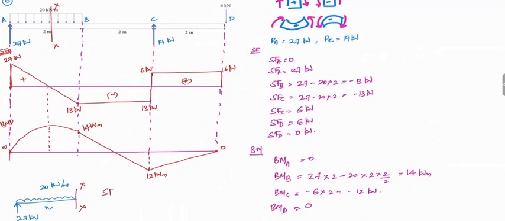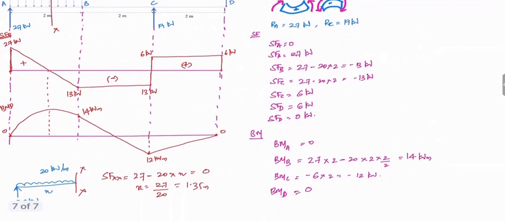That is S at XX, I can write it as what? 27 in the upward direction, which makes it plus 27 minus 20 into X, which I can say is equal to 0, which means X is equal to 27 by 20, 1.35 meter from support A.